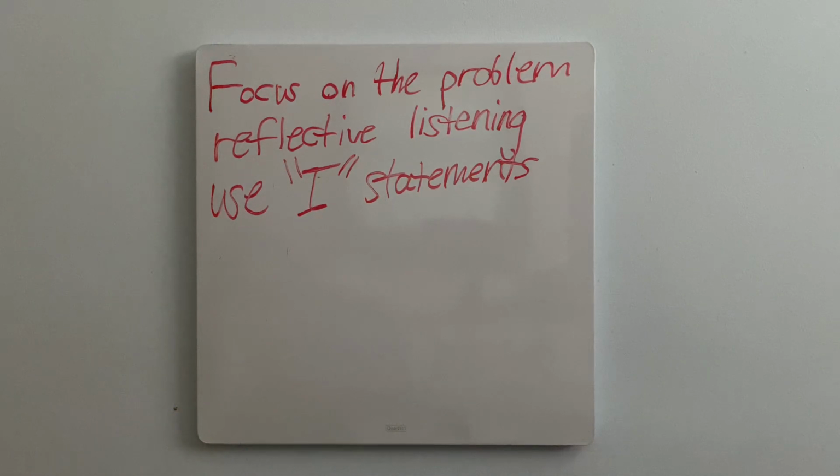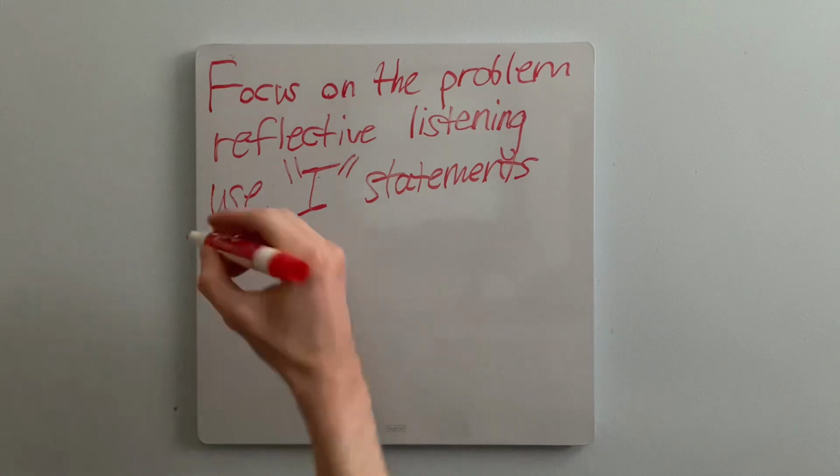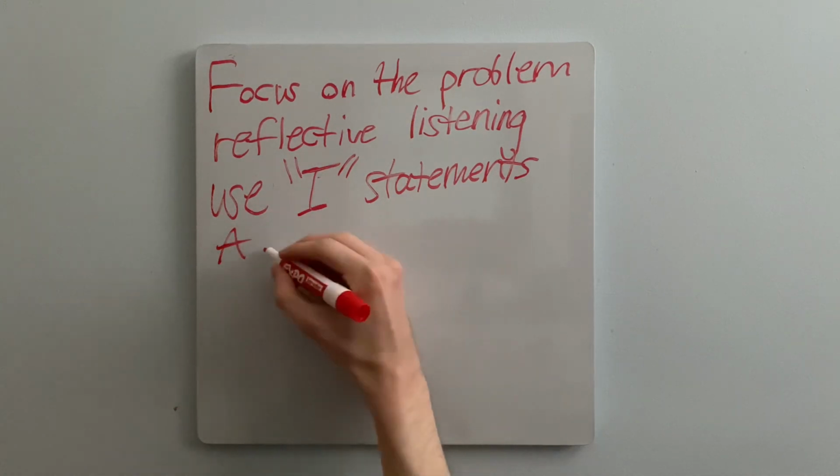So if you start using more I statements, you can navigate your emotions better by saying, well, I feel like this, instead of just saying, you are doing this. Because when you say you a lot or your, it's like accusing someone. And when you accuse people, a lot of times they tend to get defensive or aggressive. And either one of those doesn't really help an argument or a conflict.